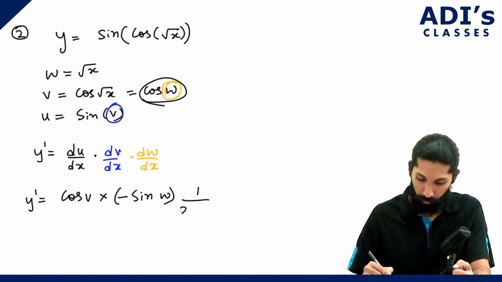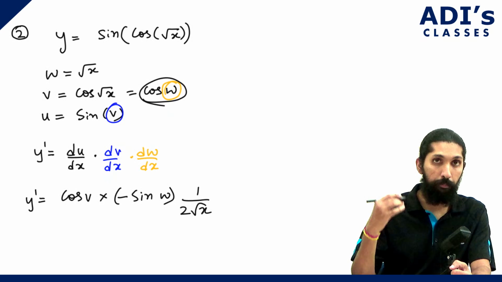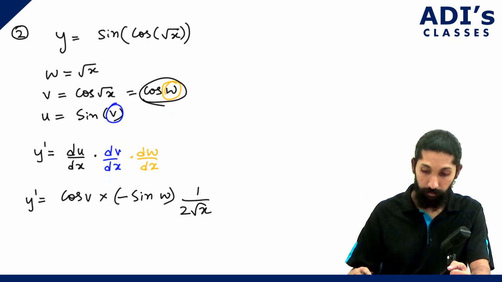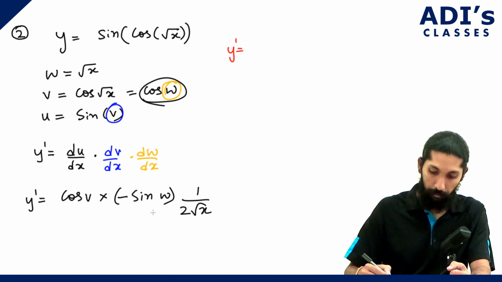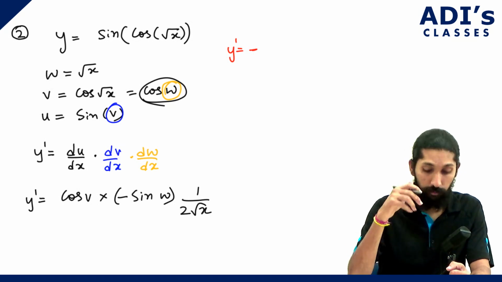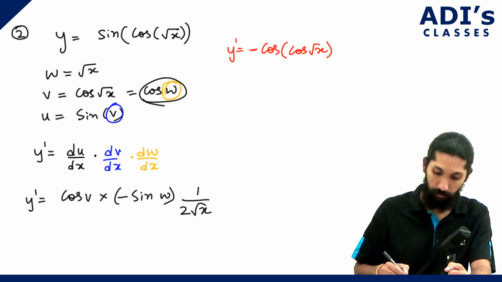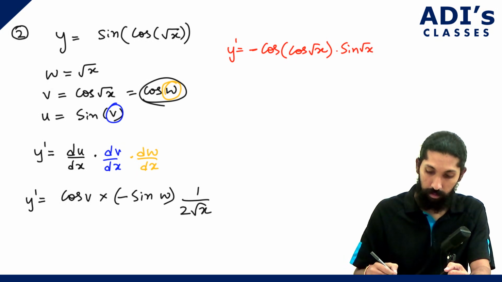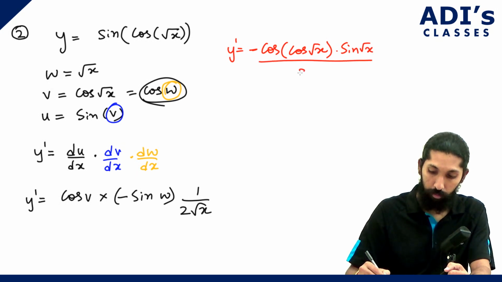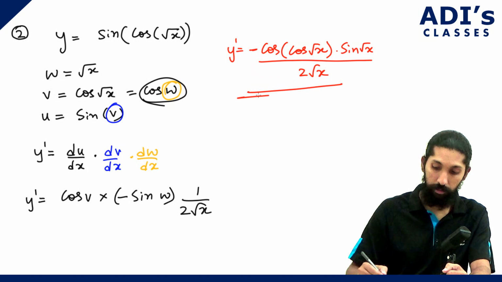Apply v and w, the functions v and w. So you will get the final answer as y dash equals minus, keep the minus sign outside, the first function will be cos of v, which is nothing but cos root x, into sine root x into 1 by 2 root x. So this is going to give us the final answer.